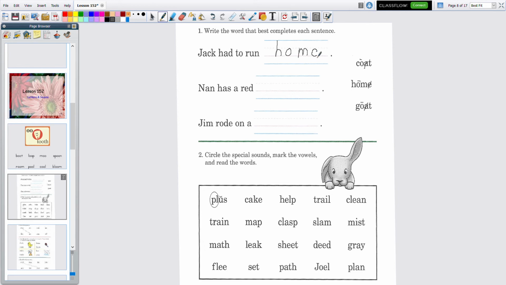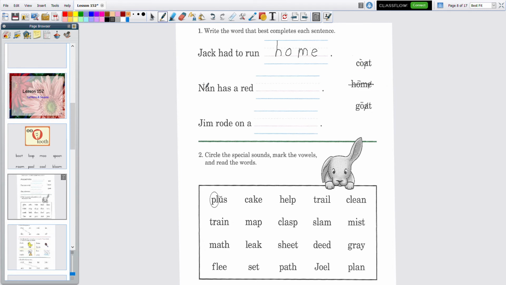Now, don't forget to put the E there. We crossed it out here, but you still need to put it on the word, because if you don't, Jack had to run hom, and that wouldn't sound right. So make sure you put that E on the end. It's necessary. And I'm going to go ahead and cross out this word because we know we've used that one.